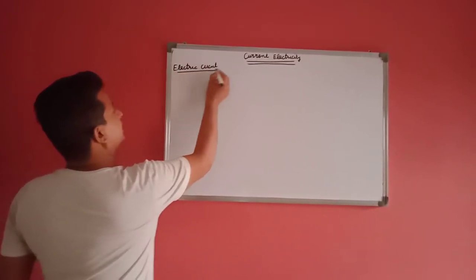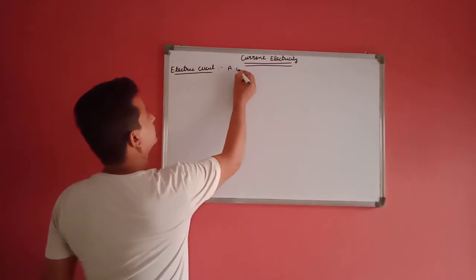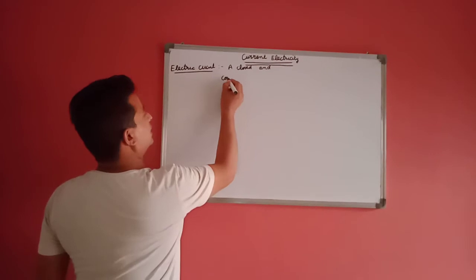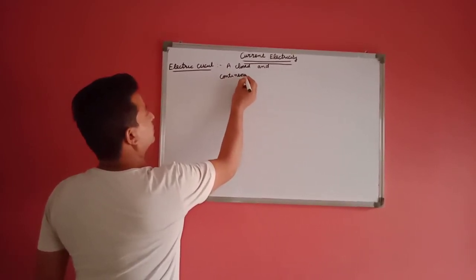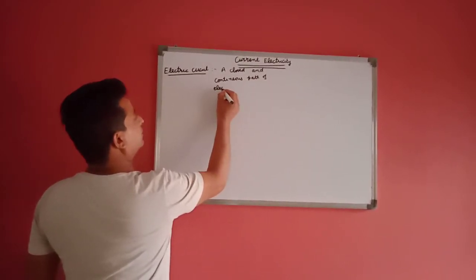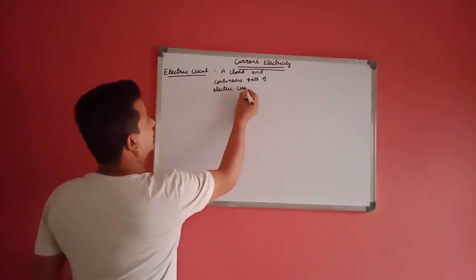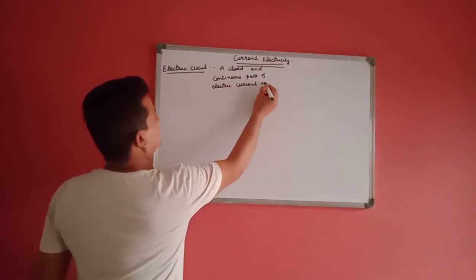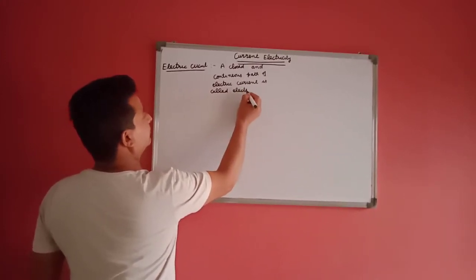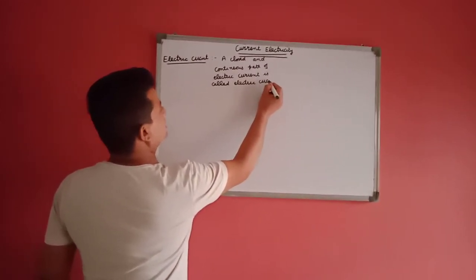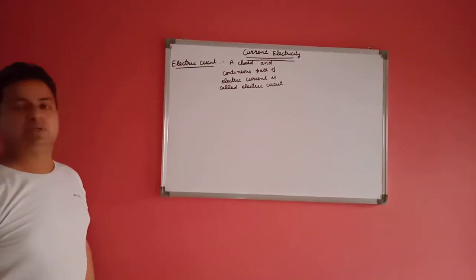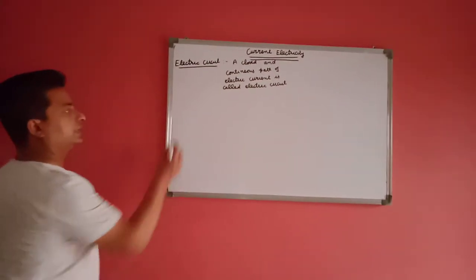Its definition is a closed and continuous path of electric current is called an electric circuit. A closed and continuous path of electric current is called electric circuit.